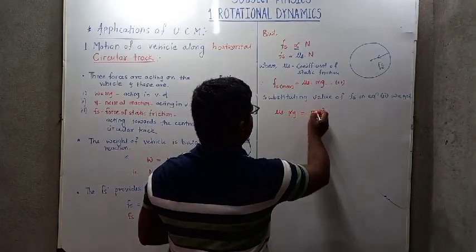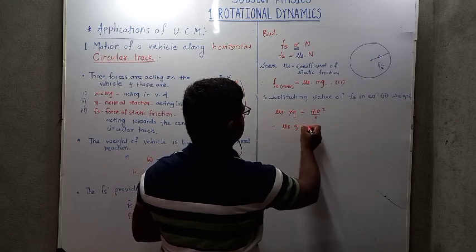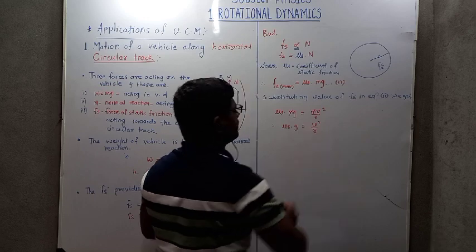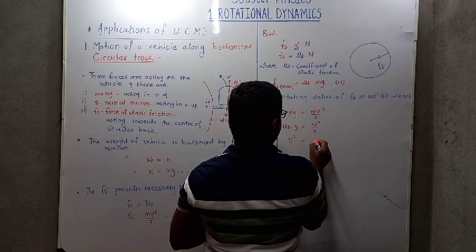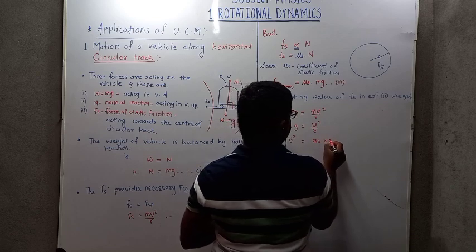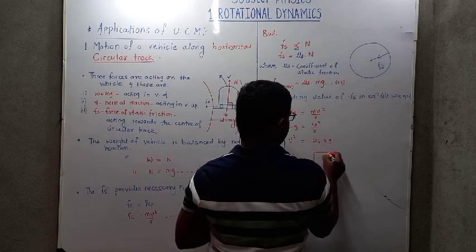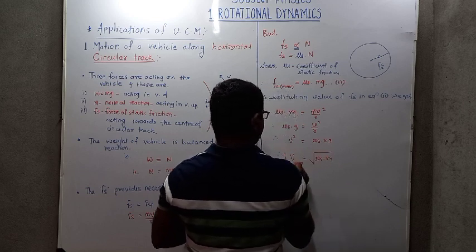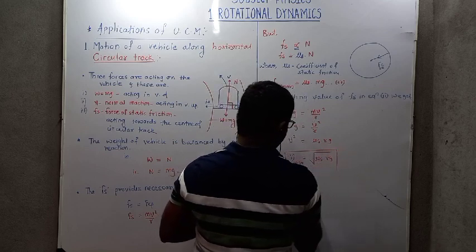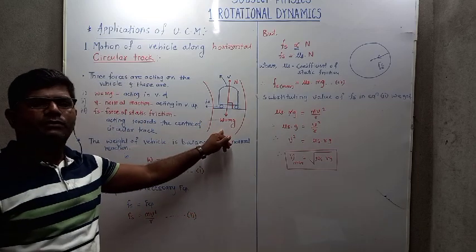Here m gets cancelled, and therefore mu s into g is equal to v square upon r remains, and from that v square is equal to mu s into rg, and therefore v is equal to under root mu s into rg.